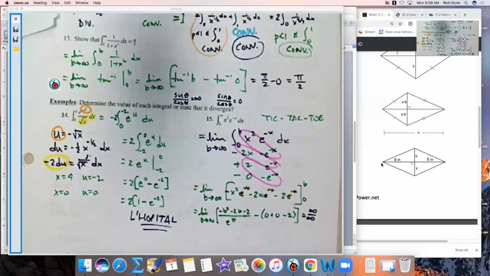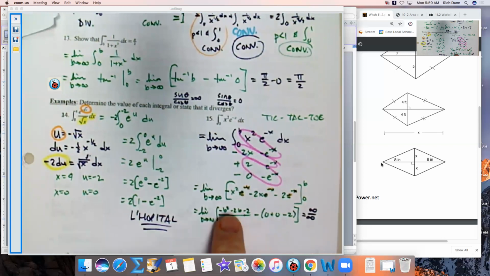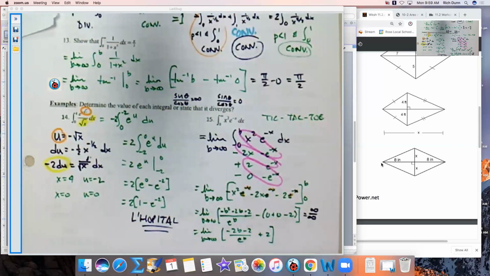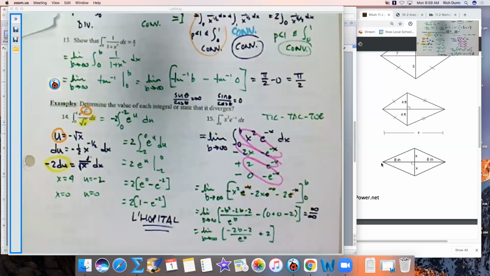So let's go ahead and take the derivative of this guy. This will mean the limit as b goes to infinity of negative 2b minus 2 over e to the b, minus, or actually plus 2 over there. We still have b going to infinity and e to the b going to infinity.